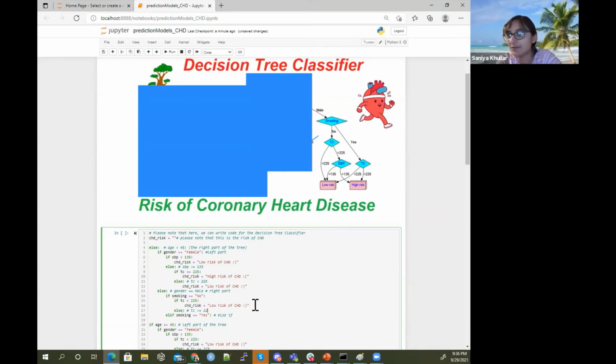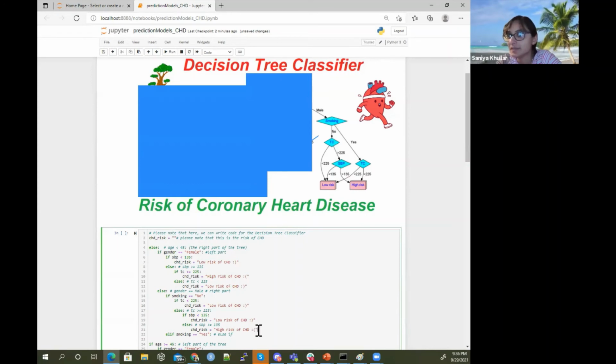TC is greater than or equal to 225. Then we check if SBP is less than 135, which is what this is checking here. Then again, you are at a low risk of CHD. Else, SBP is greater than or equal to 135, which is right here, and then you are at a high risk of CHD, which is what this is saying.